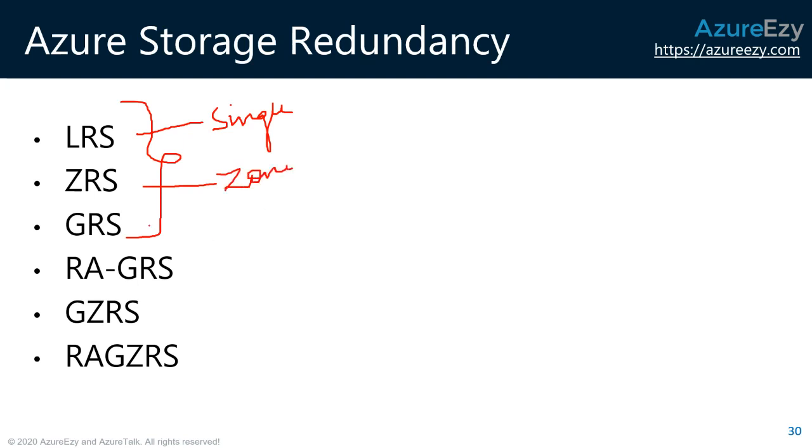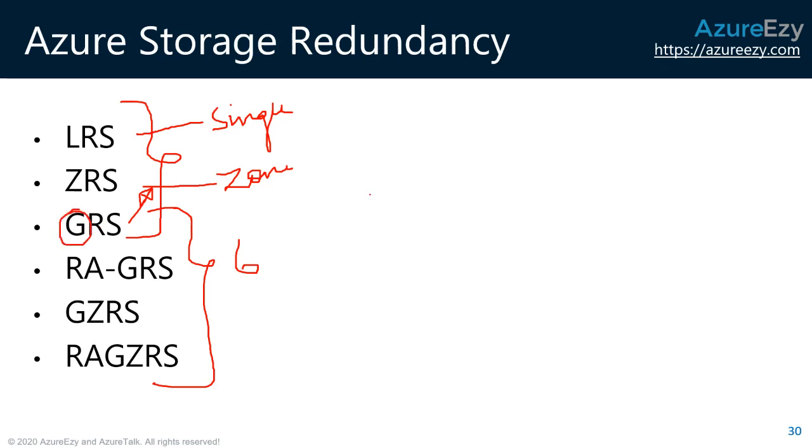And in GRS, it would be more interesting because now we have 6 copies. Why 6? Because 3 copies, just like these 2, GRS would have, but it's geo redundant. Geo means a different region as well.